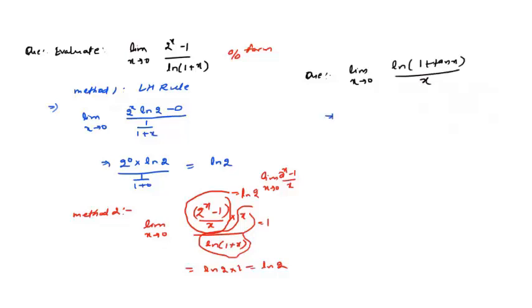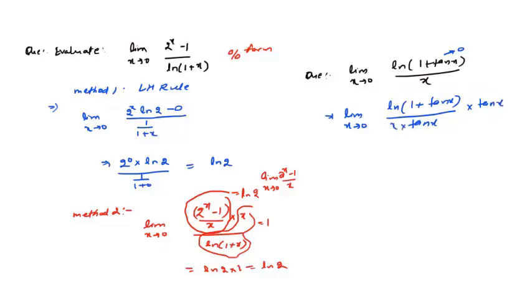Now what we'll do is write this as limit x tending to 0. We'll try to convert it into ln of 1 plus f(x) by f(x), where f(x) is tending to 0 when x is tending to 0. So we can write this as ln of 1 plus tan x divided by tan x and multiplied by tan x, and x we were already having in the denominator.